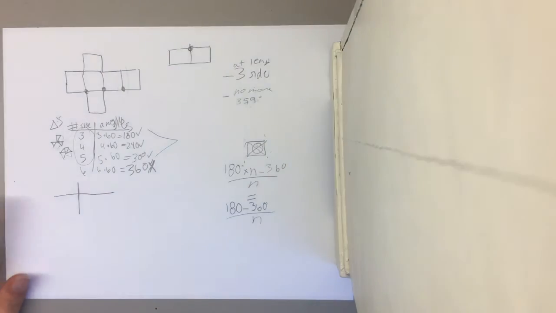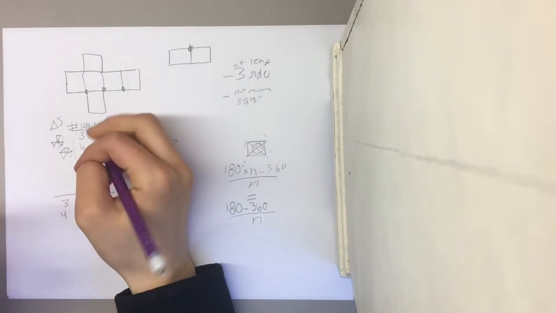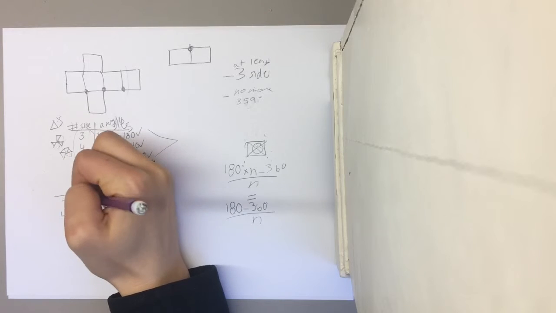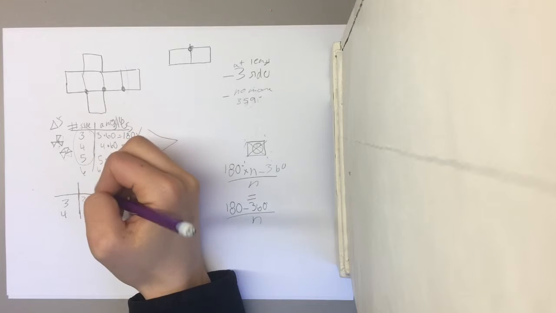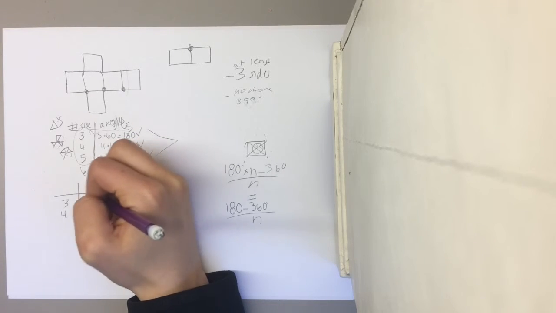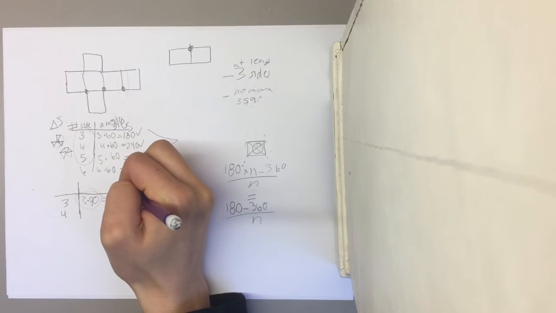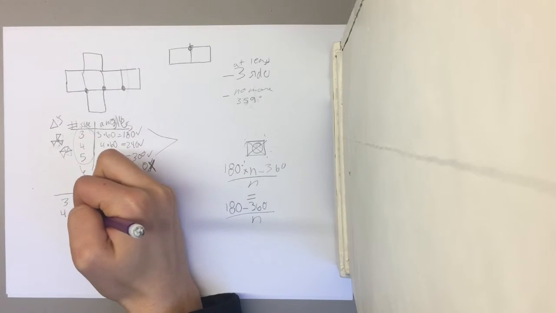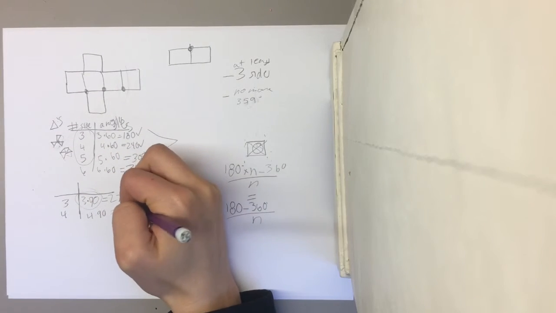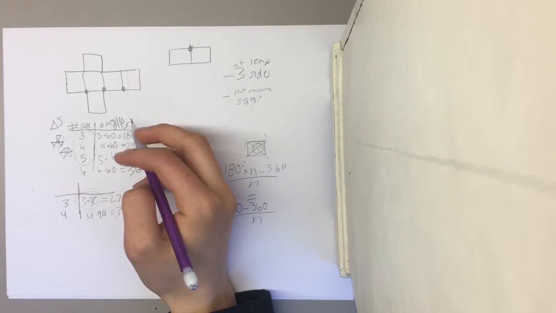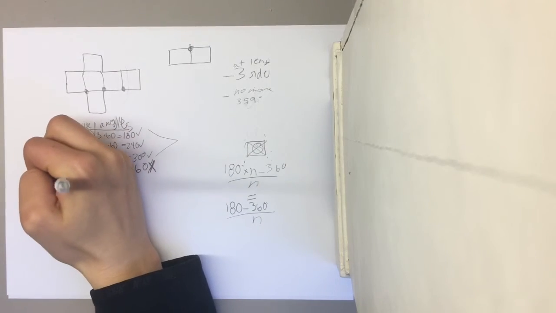So now we are going to start at 3 because we know 3 is the smallest, and we know that each angle is 90 degrees, so we're going to do 3 times 90, and this formula is basically what's over here. And that would be 270, so that one would check off. And 4 times 90 is 360, and that's more than 359, so that wouldn't check off. So that leaves us with 3 working for squares.